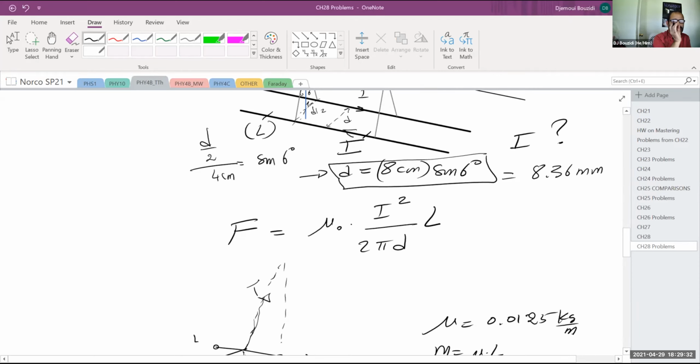So it's a very small separation. So if you think of a millimeter as the width of a hair, this is about 8 pieces of hair lined up one next to one another. Okay, so that's how far apart these two wires are, because 6 degrees is a very small angle.